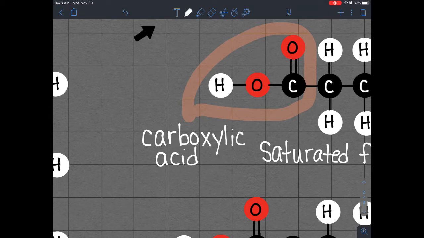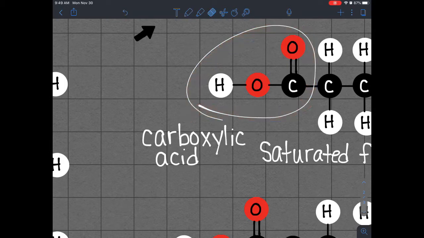It looks similar to the hydroxyl functional group, but if that carbon also has a double bonded oxygen, we can't just look at the OH part of it. We actually have to look at that whole piece there. So that's something that all of these saturated or unsaturated fatty acids have in common.